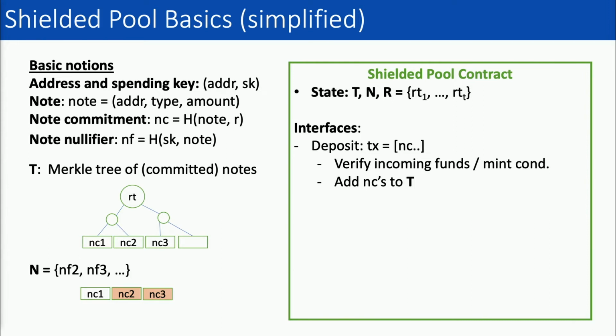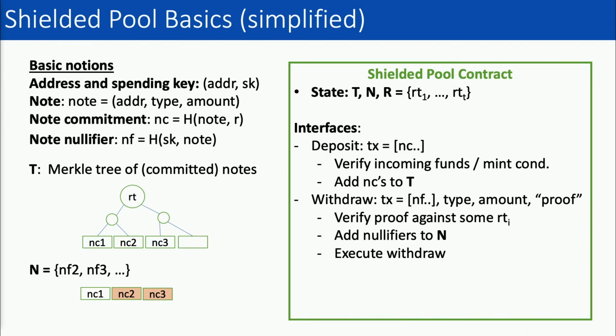Usually when users deposit to a shielded pool, the user actually transfers tokens to the shielded pool on Ethereum, and then the contract verifies that and inserts the node commitments into the Merkle tree. For withdrawals, something more complicated goes on, which is that the user first needs to specify a list of nodes that the user is spending via the nullifiers.